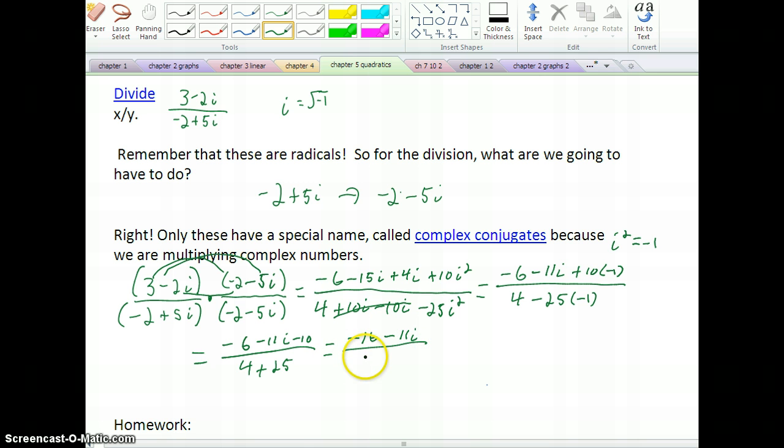In the denominator, we would say that this is 4 plus 25, which is, of course, 29. So if we want to be very technical, to put this into standard form, we would break it apart into two fractions. Remember, if we have a numerator over one denominator, we can break it apart into each term of the numerator over that denominator. So this is our standard form of our quotient as a complex number.